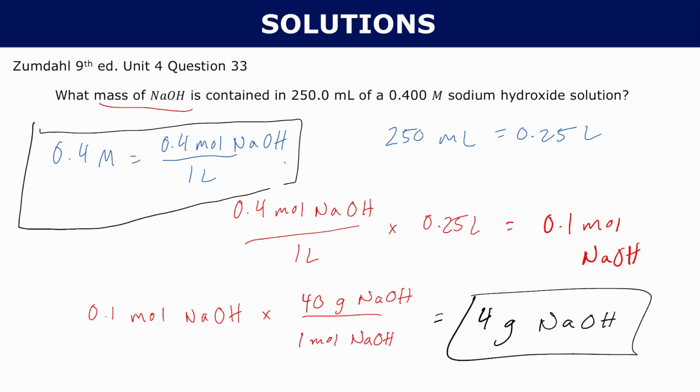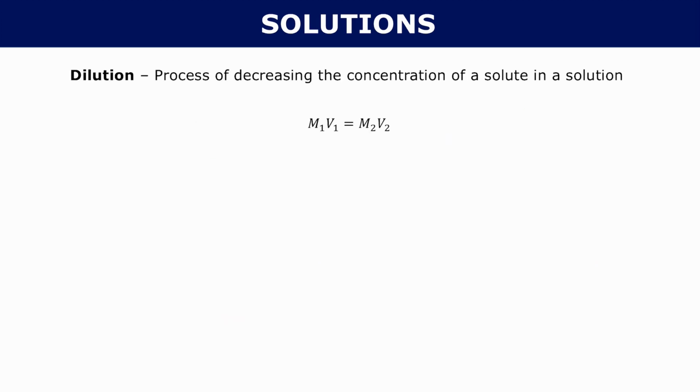One last thing about solutions is dilution. Dilution is the process of decreasing the concentration of a solute in a solution. If you have something like alcohol, some people water down their alcohol because I guess it's just too strong. What you're doing is adding more solvent when you add the water, so your concentration goes down. Dilution is a really common thing in lab settings.